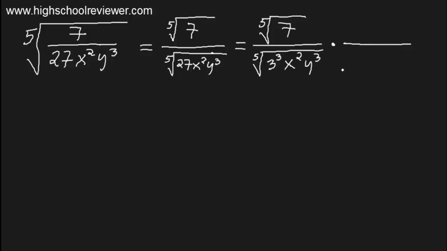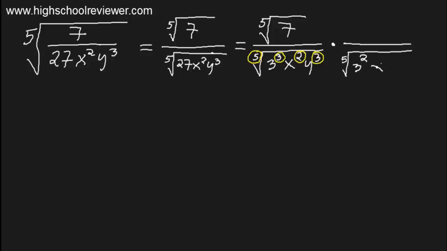So our denominator here will be the fifth root. We are going to make the total exponents equal to 5. For 3 here, the exponent will be 5 minus 3, so we need to put here 2.